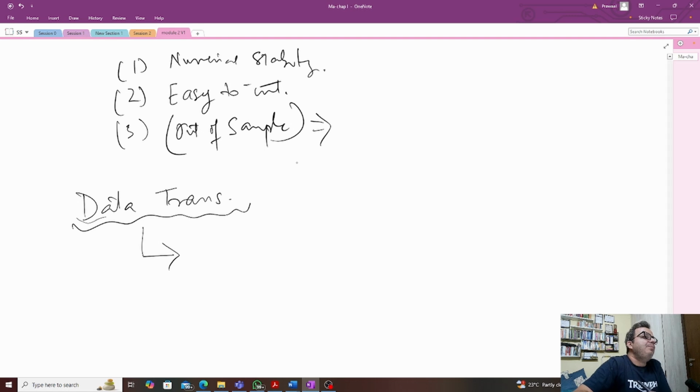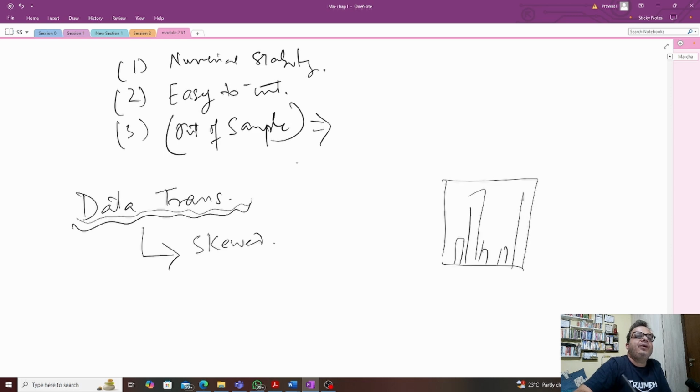Sometimes your raw data may be very skewed, or if you try to plot or visualize it, you may see some random things. If you want to put this into perspective, you may want to do some kind of transformation on this data. There can be multiple types of transformation, but let's suppose you want to take the log of the data.